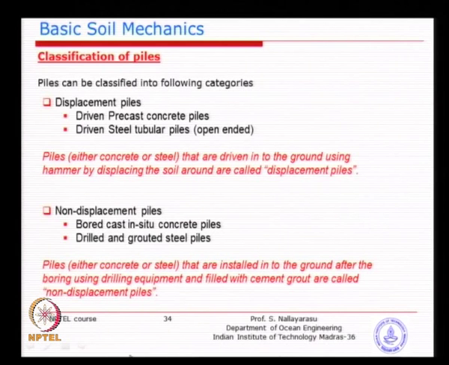In terms of non displacement piles, you can use cast in situ concrete piles, which I think we described in the last session, how a cast in situ concrete pile is erected at a site. You make a driving of a casing and do a boring, and pour concrete after placing the reinforcement, with and without the liner.